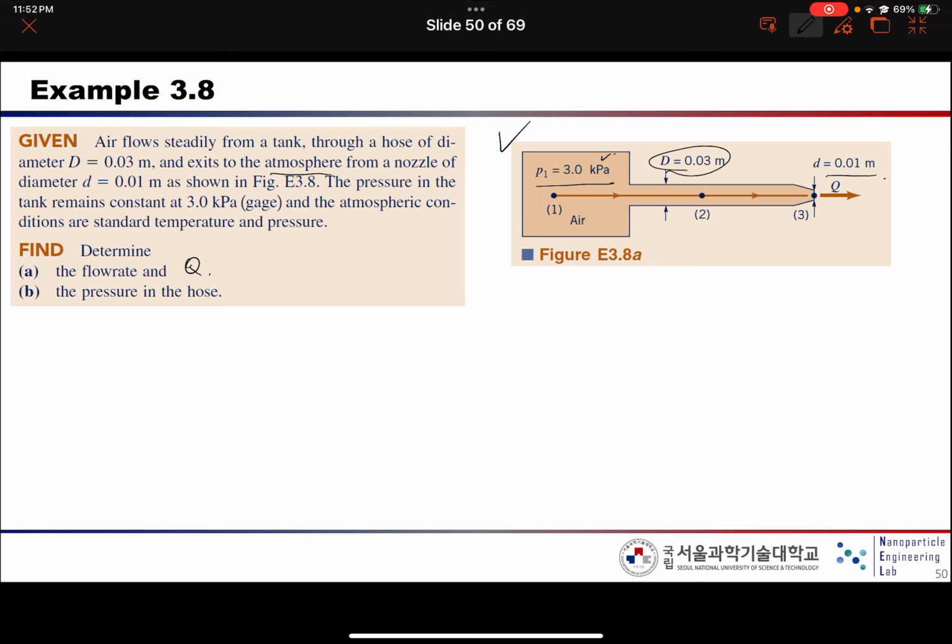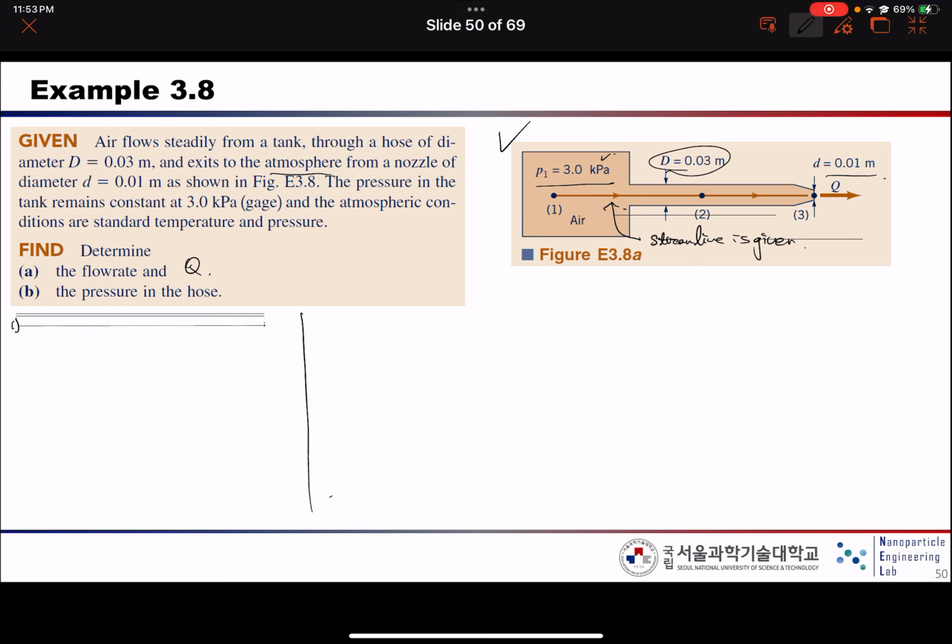Okay, let's solve this example together. So since this diagram already has the streamline given, right? Because we just learned the Bernoulli equation, first we need to use the Bernoulli equation.